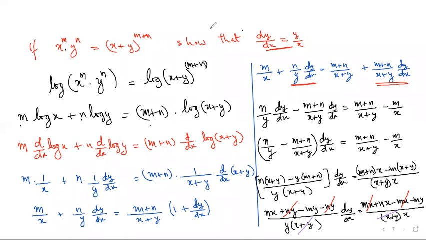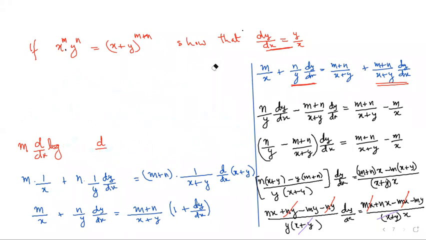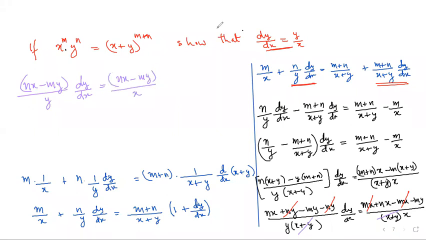So what is left now? You have nx minus my upon y into dy by dx equals nx minus my upon x. Now one more cancellation. And finally we get dy by dx is y by x.